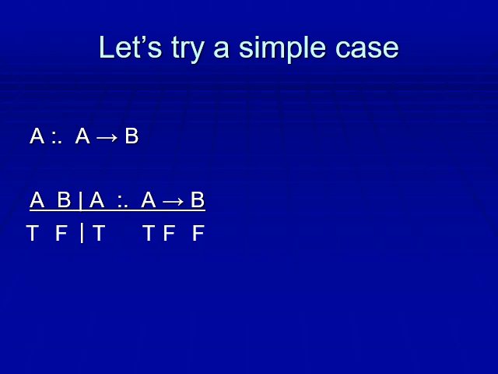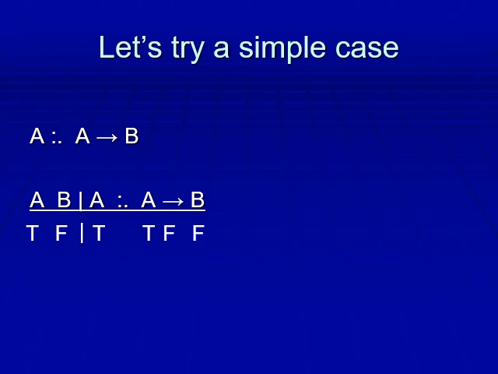So the argument is not valid. We only had to do a single line. We had to start at the end and reason backwards till we had the beginning. Now that, as I said, is a very easy case. You could probably tell that that was not a valid argument without even looking at the truth table.